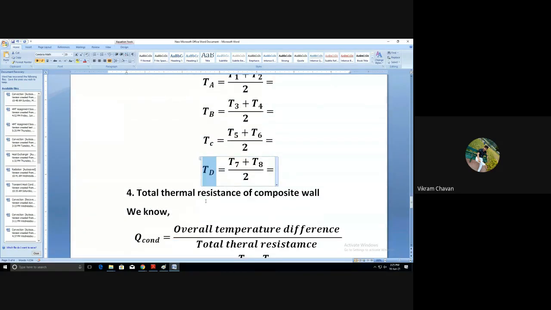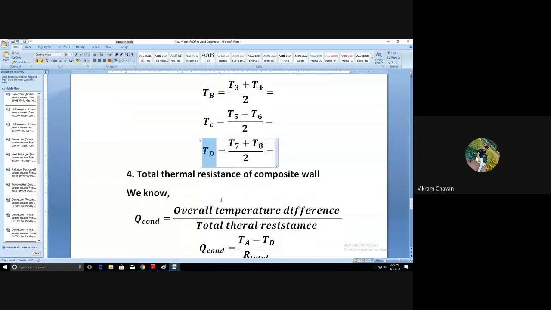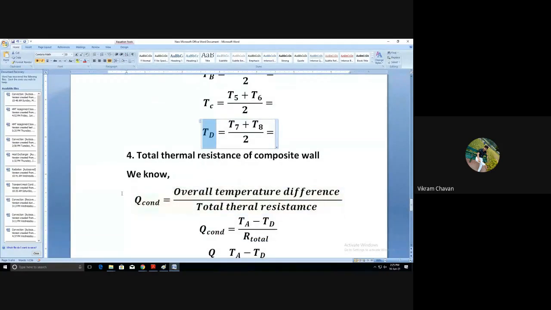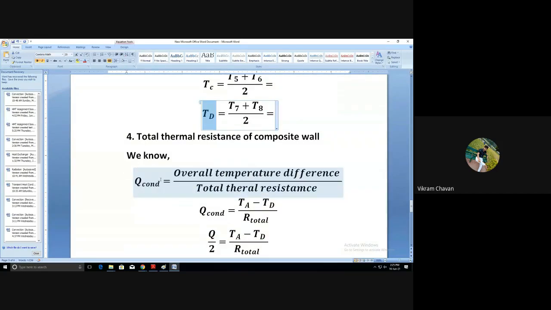Okay, so we know how to determine the heat conduction. Q conduction is equal to the overall temperature difference divided by the total thermal resistance, which will provide you the heat transfer rate in conduction. According to our configuration, the initial temperature minus the final temperature is the overall temperature difference.